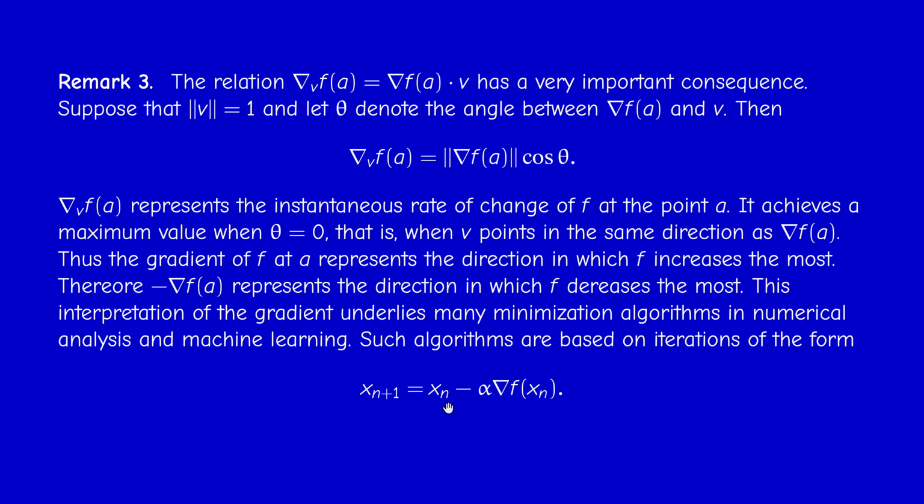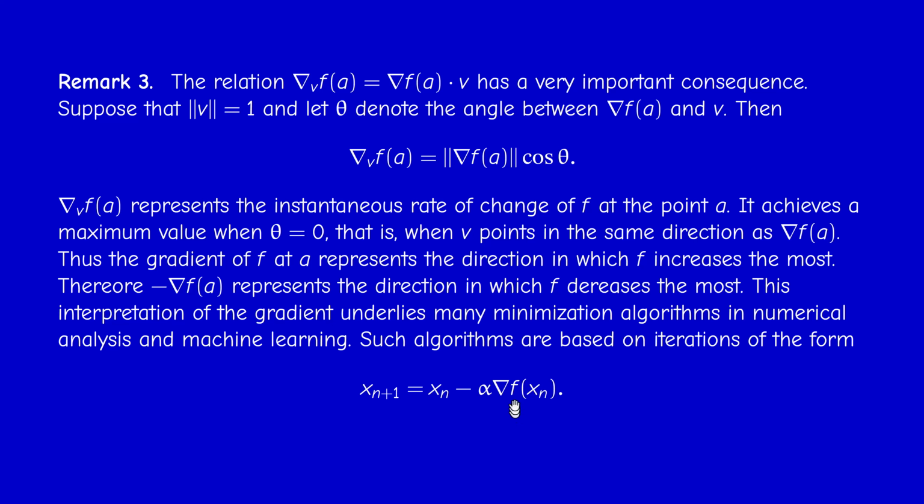We subtract from the previous step a multiple of the gradient. So what does this mean? It means that at each step, we move toward the minimum because we move in a direction opposite to the gradient. So in the direction that leads to the biggest decrease of the function.